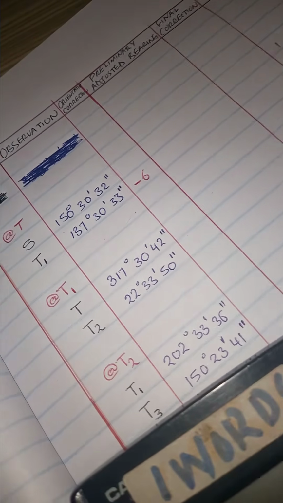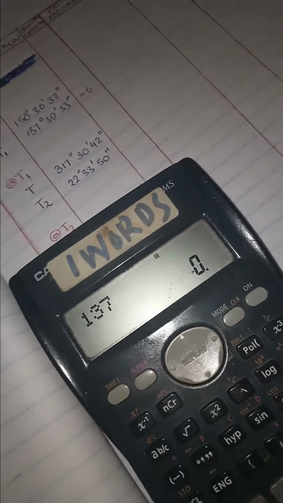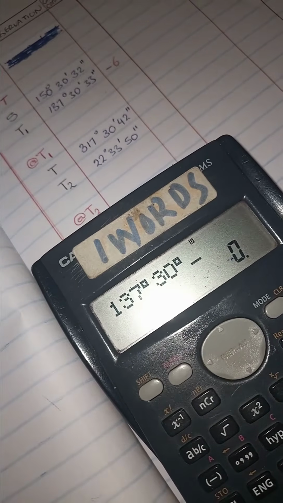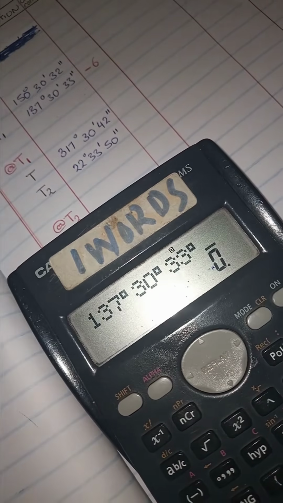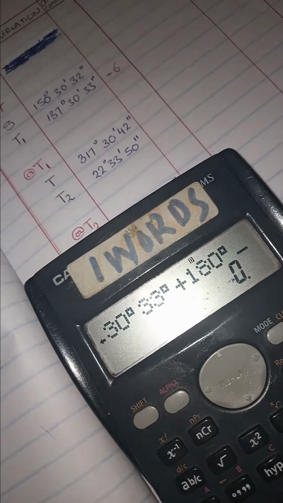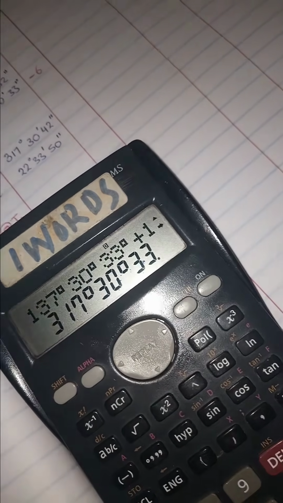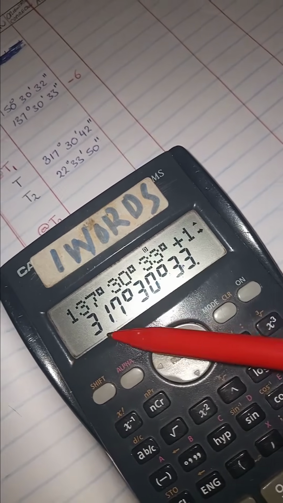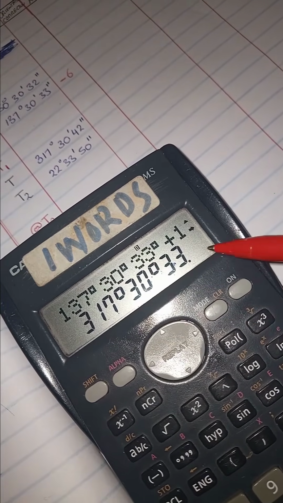So I'll add 180 degrees to the fore bearing, 137, 30, 33, to see if the back bearing of that line matches what we have here. You can see the back bearing of that line is 317, 30, 33.